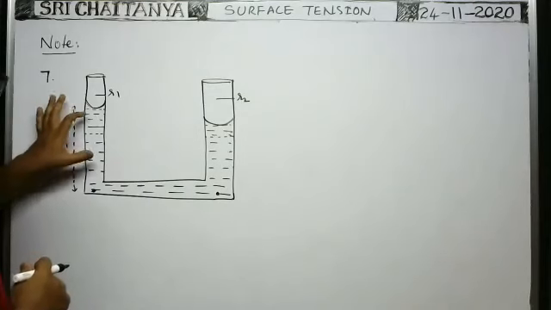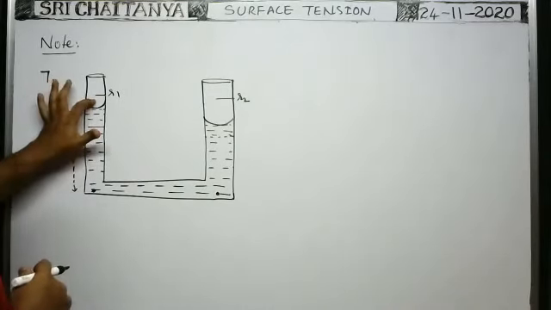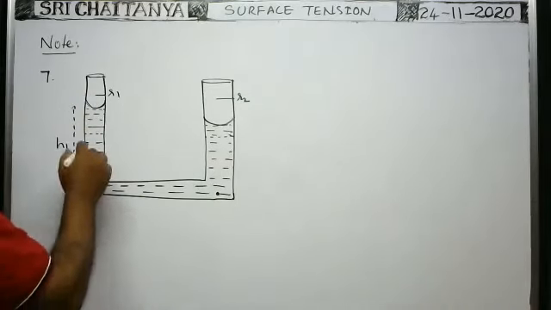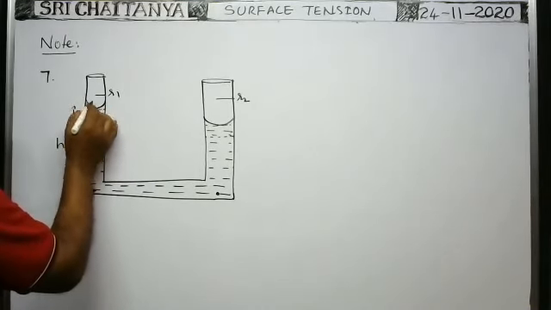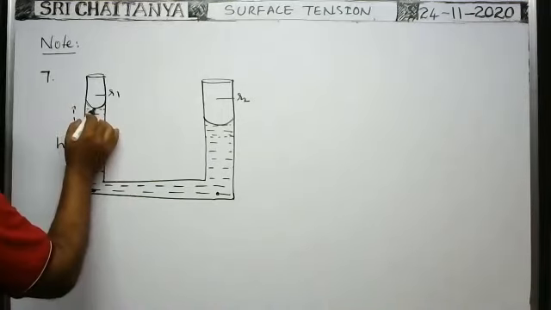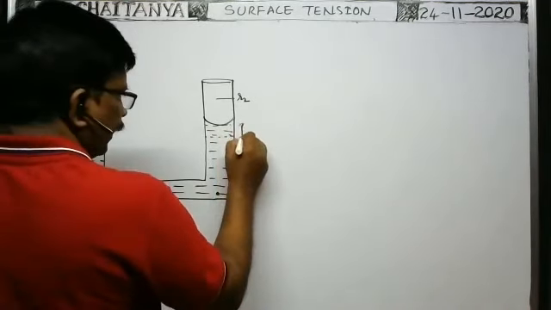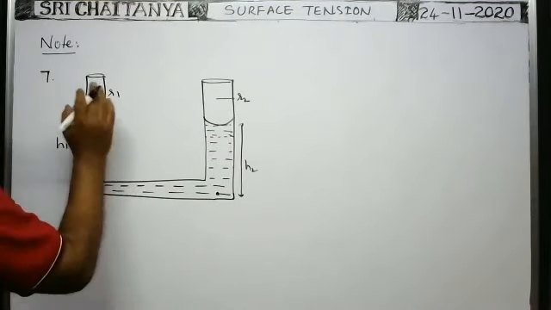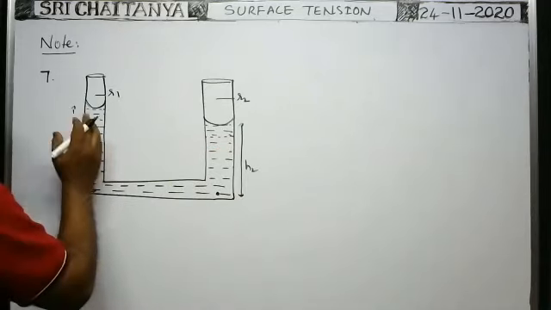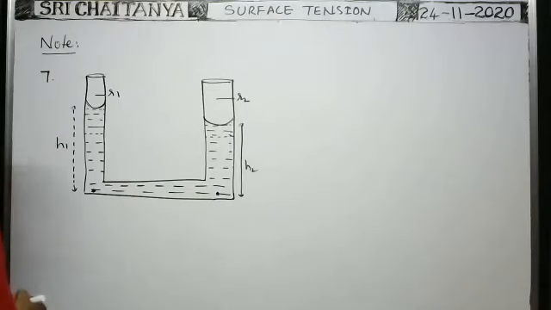H1 means the height of the liquid column just below the surface of the meniscus in the narrow capillary tube, measured from the bottom of the U-shaped tube. Here, this is say H2. The height of the liquid column in this right capillary tube is H2, and in the left capillary tube is H1. These are the heights of the liquid column just below the surface of the meniscus.